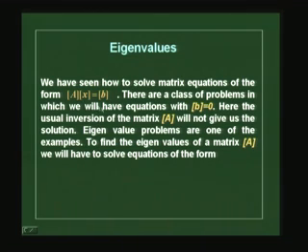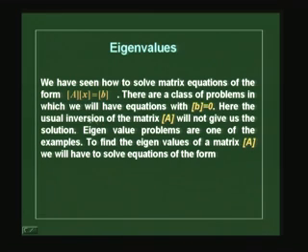Now we want to look at the cases where b equal to 0, the right hand side is 0. In that case, for the equation Ax equal to 0, we can't find the solution by looking at the inverse of the matrix A. If b is non-zero, then we could compute the inverse of the matrix A and multiply both sides by the inverse, and we get the solution. But here we can't do that, though we could still find some non-trivial solutions.